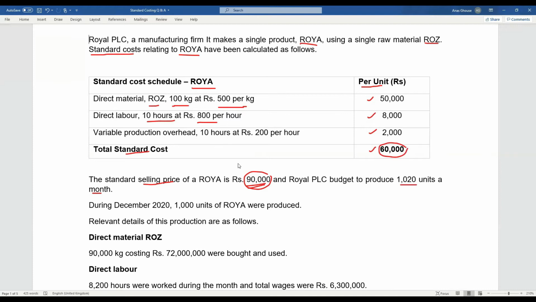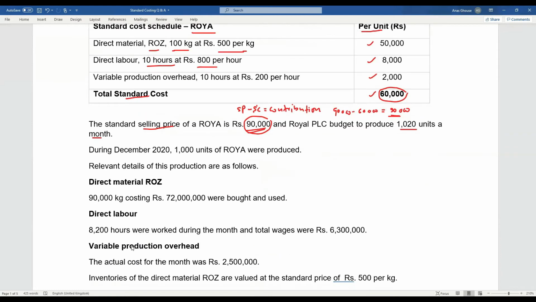So selling price minus standard cost will be the contribution. So this is the budgeted contribution, which is 90,000 minus 60,000, so 30,000. Okay, so let's move on to the actual details now.